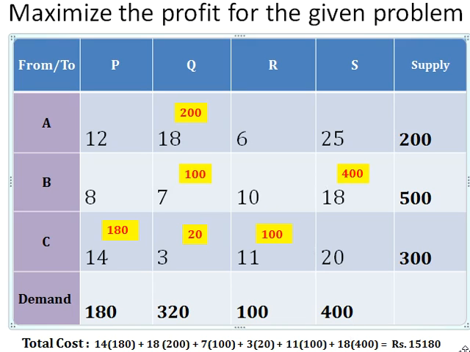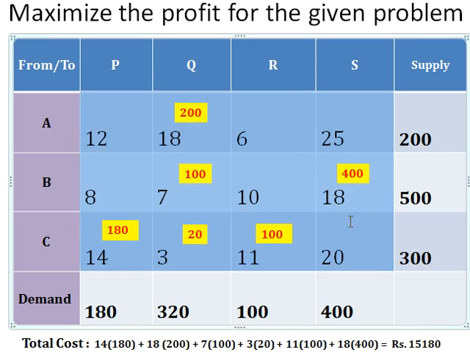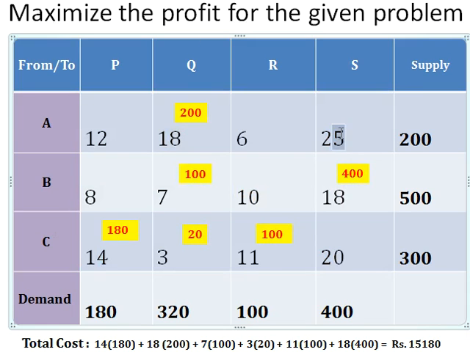So here we have discussed two ways to solve the maximization case. One way is to multiply all these values with -1 and perform all operations as usual in the transportation algorithm. Another way is to simply deduct all these values from the maximum profit, which gives you an opportunity loss matrix.